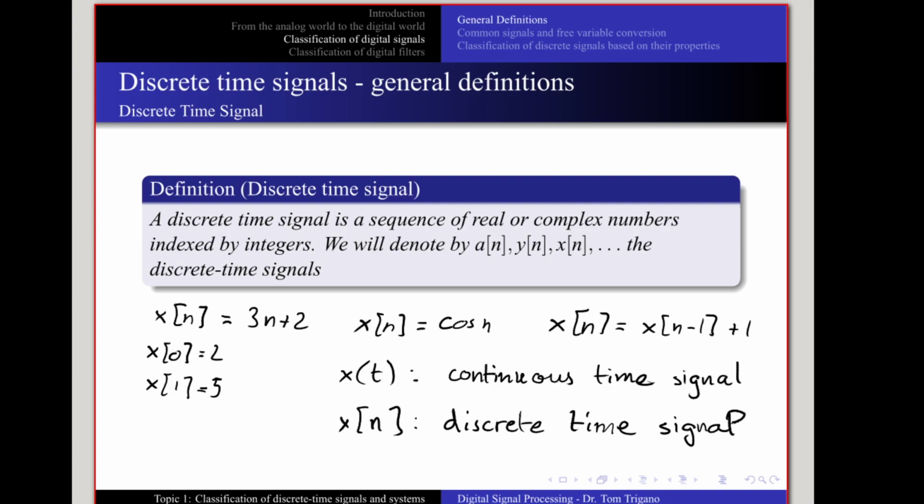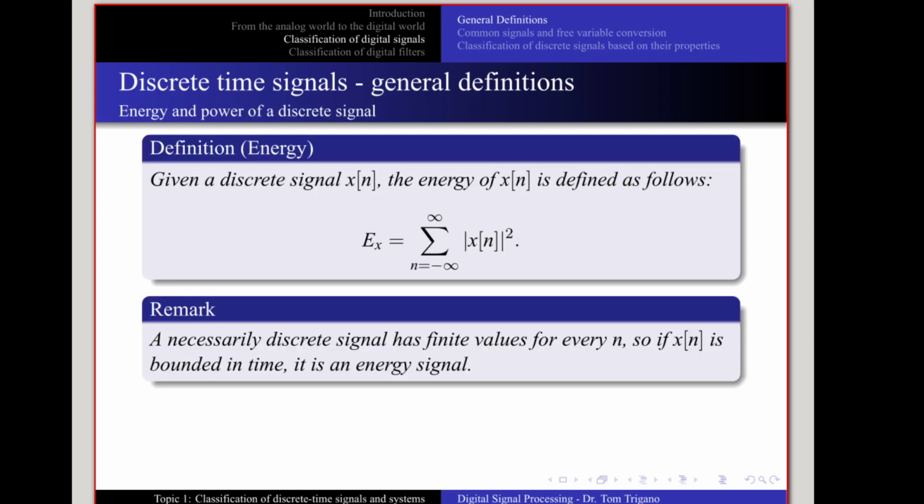In a similar way that we define the energy of a continuous time signal, you can define the energy of a discrete time signal as the sum of the squared values with the absolute value. The absolute value is for the case when the discrete signal has complex values.